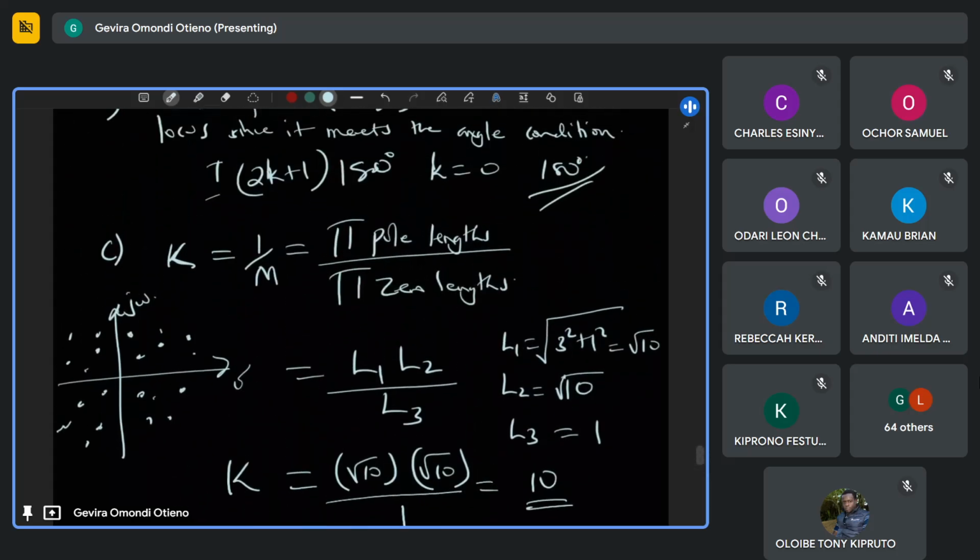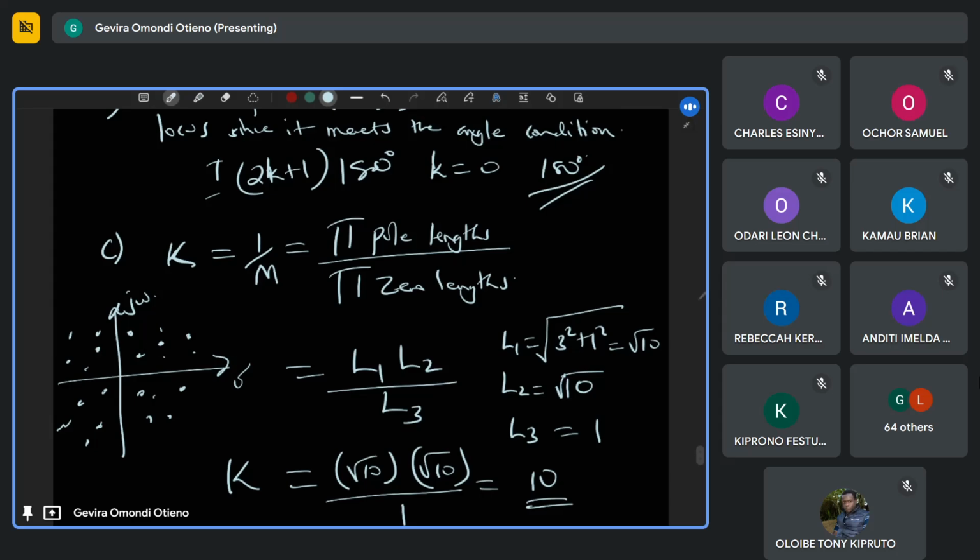For example, if I was to test all these dots that I've given here, it would take me forever. But if our sketch of the root locus appears like that, then it means only this point will be considered, and only this one, and this one, and this, and maybe this. The rest are out of the root locus, so they are not points of interest at all.